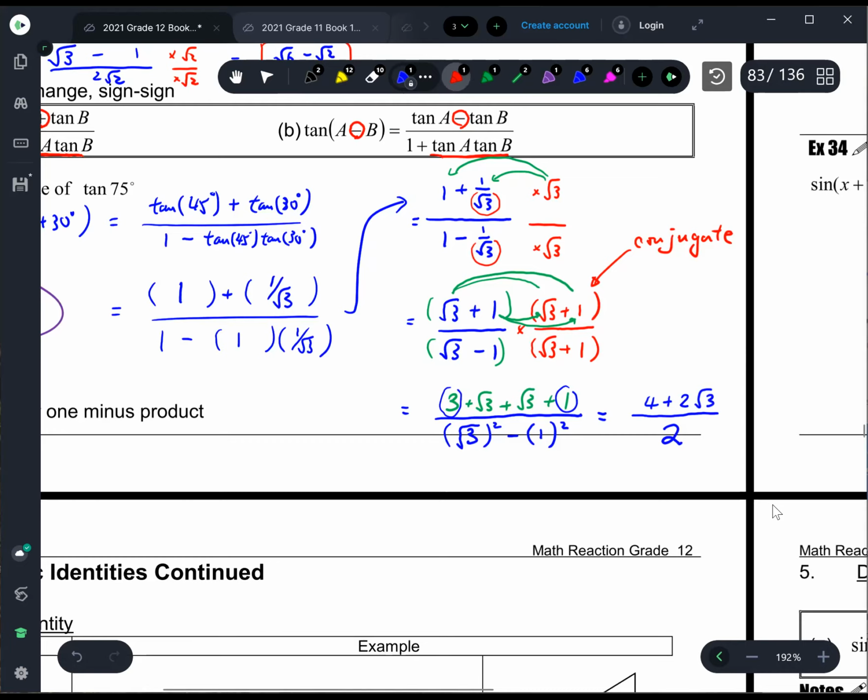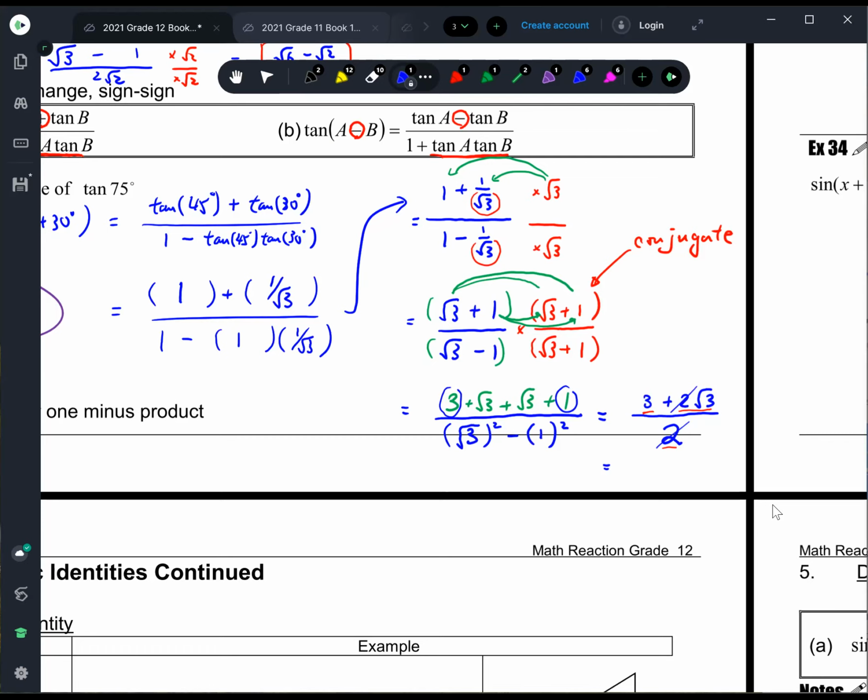Now, because all three terms, here, here, and here, are all divisible by 2, we will simplify even more. Everything divided by 2. If one of them is not divisible, you cannot divide. For example, if the 4 is a 3, then you cannot just cancel these out. This is wrong. Remember, do not do that.